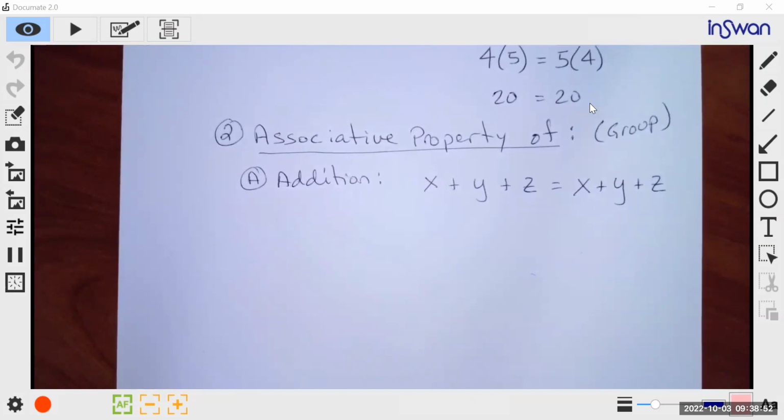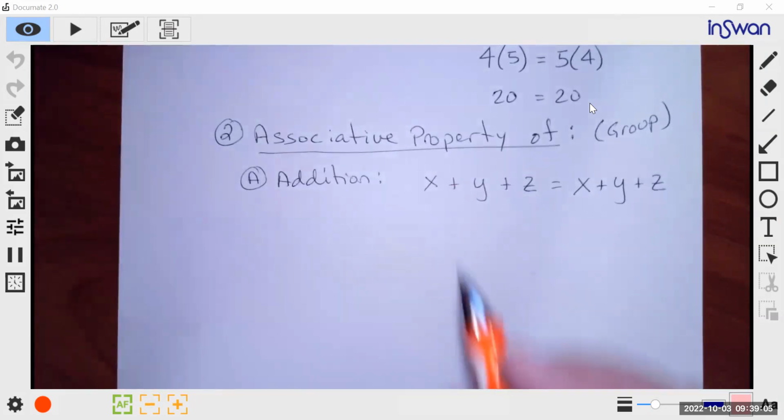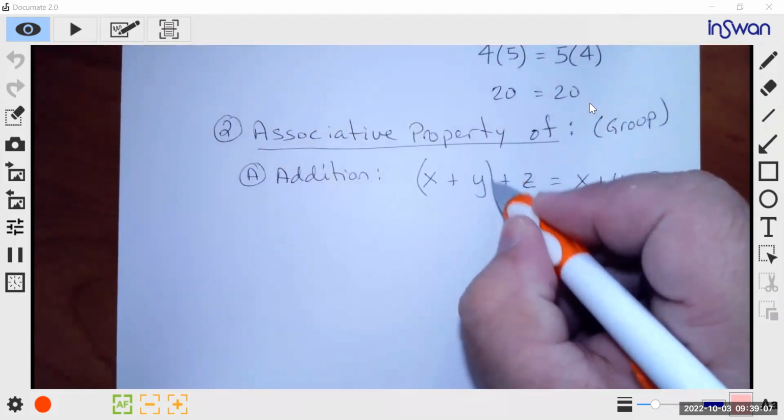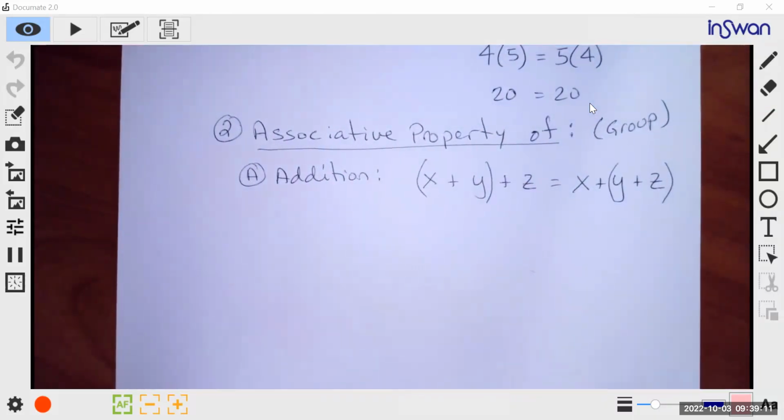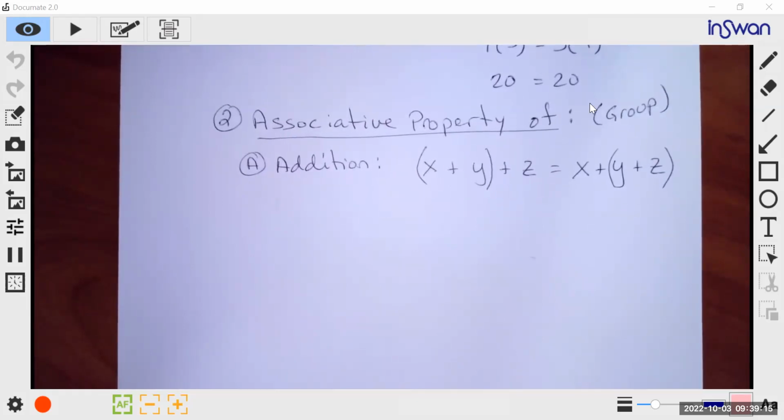But the problem with our brains or any computer systems, we can only do 2 numbers at a time. So what 2 numbers do we do first? Well, that's where the parentheses come in. If you have a series of numbers and they all have the same sign between them, then it doesn't matter how we group them, arrange them, we can get the same answer.